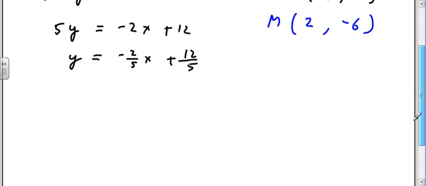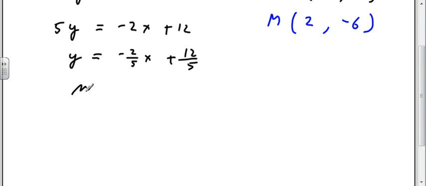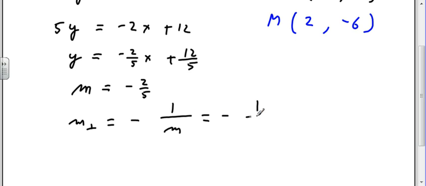So I know the slope of the line I have is minus 2 over 5. But I want to be perpendicular, so the slope of the perpendicular guy is going to be minus 1 over the slope that I had. So minus 1 over minus 2 over 5. I invert, I multiply, and I get 5 over 2.